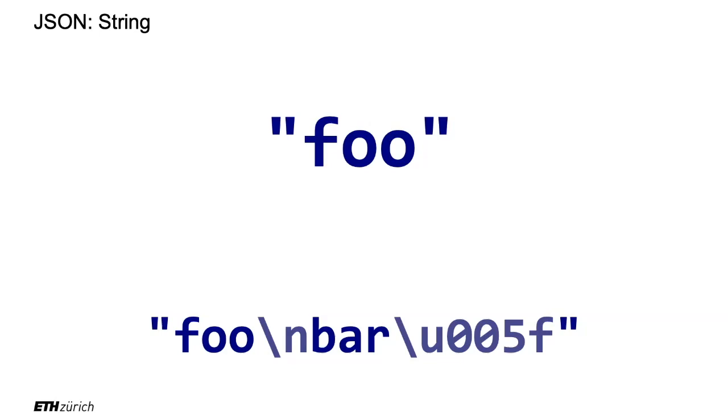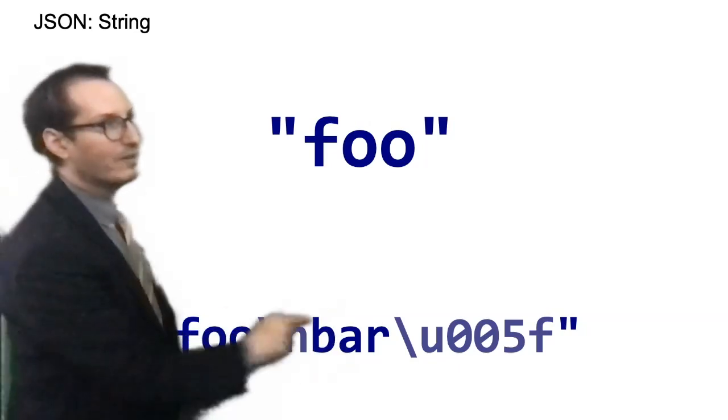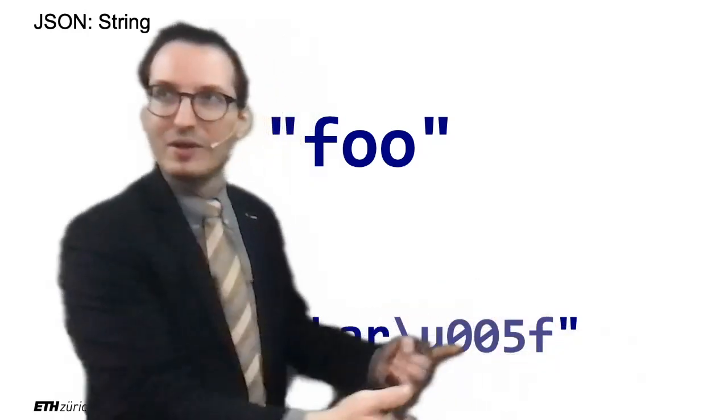What about special characters? What if you have a string and you want a new line or pi or whatever in the middle? Well, you just use the backslash. For example, \n means that it's a new line. \u means that you enter a code for a character. So this is the next four hex digits, 005F is the code for some character. I don't know what character it is actually.